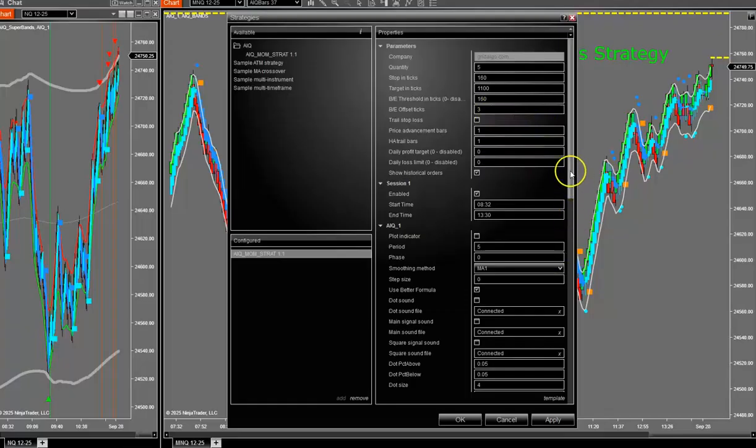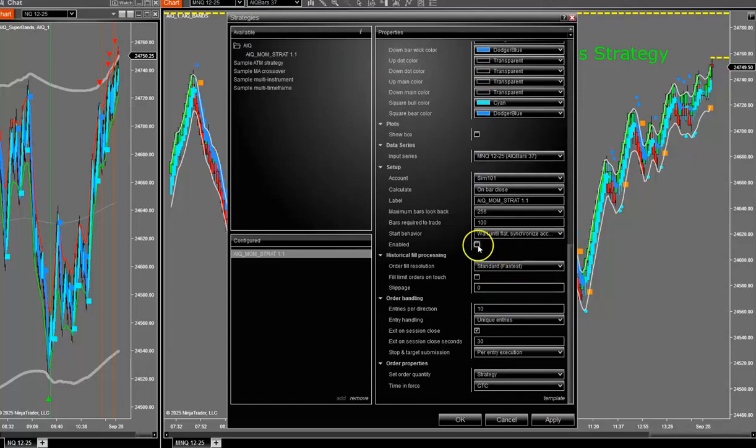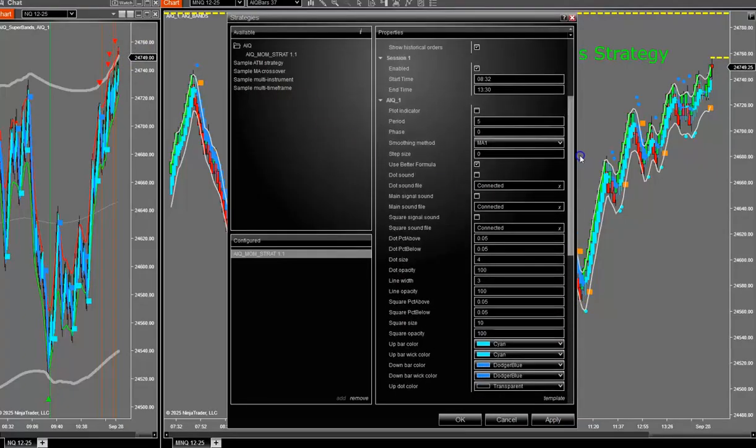But now what I can do is, if I see the market above the main bands, this is what I can do, and I'll elaborate on this in just a moment. I can enable the strategy, and let's just say it's going outside of the bands, roughly just after the US markets open.